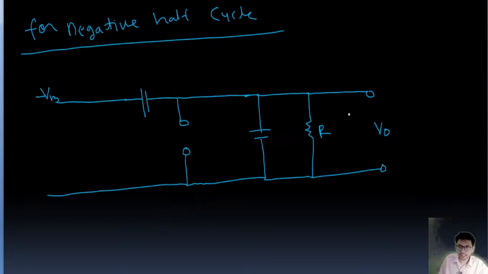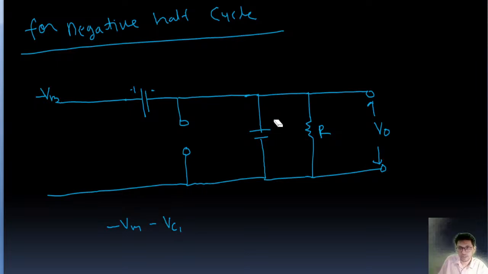In that case we can use the loop equation in this circuit, the V naught circuit. So this is going to be minus Vm, and then minus Vc1. This is C1, and you need to understand the signs here, guys: plus, minus, and plus.